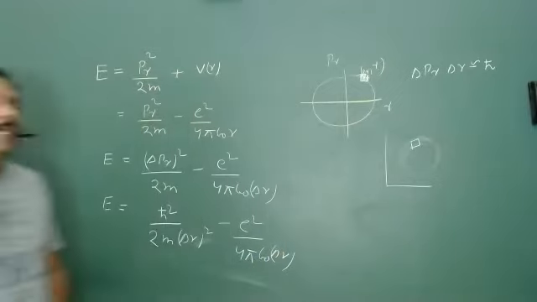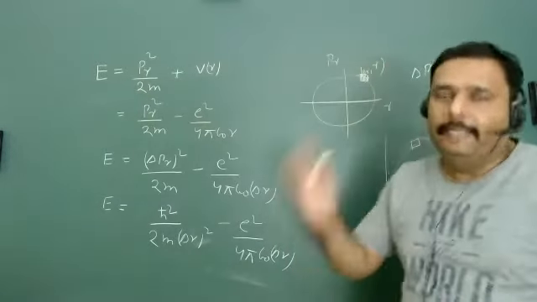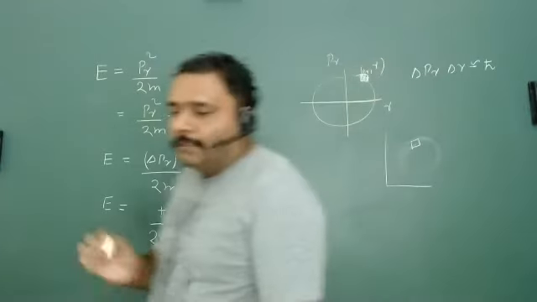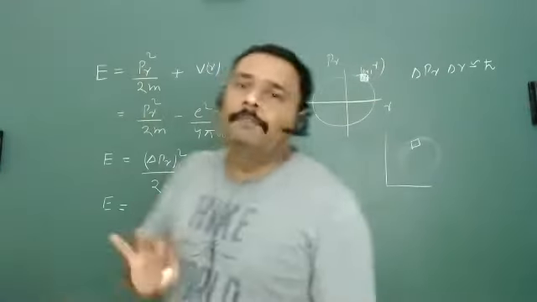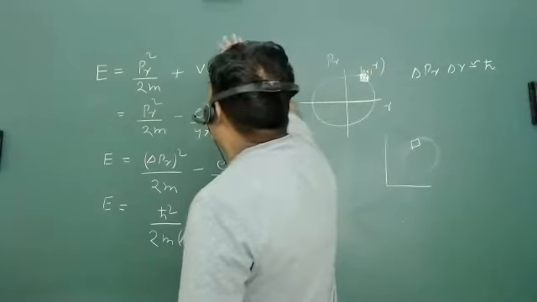Now this delta R can be any value, but we have to find only those values for which energy is minimum. What I want is just to find the minimum energy of the hydrogen atom.